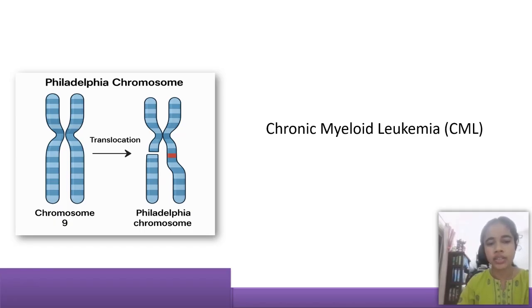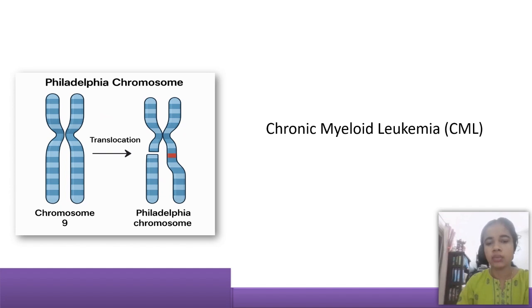But in certain cases, like chronic myeloid leukemia, a tiny chromosome swap creates a huge change. A piece of chromosome 9 and a piece of chromosome 22 accidentally exchange places. This mistake forms the famous Philadelphia chromosome, a fusion gene between BCR and ABL. This fusion gene leads to multiplication of white blood cells indefinitely without stopping.